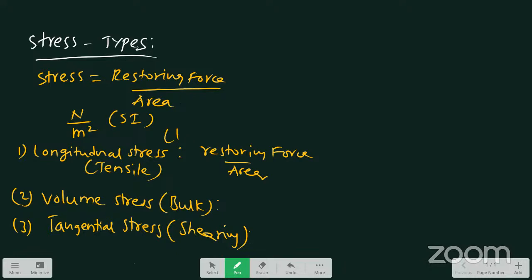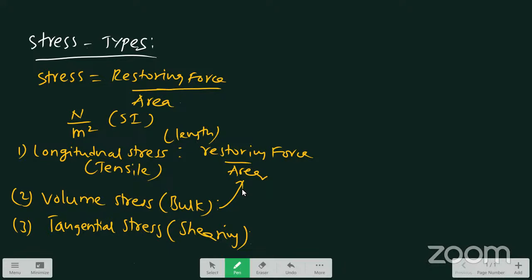This is related to length. What about volume stress? When force is applied, its volume changes. Then restoring force per area. Every statement definition is the same, but what is different? Here, restoring force per area.